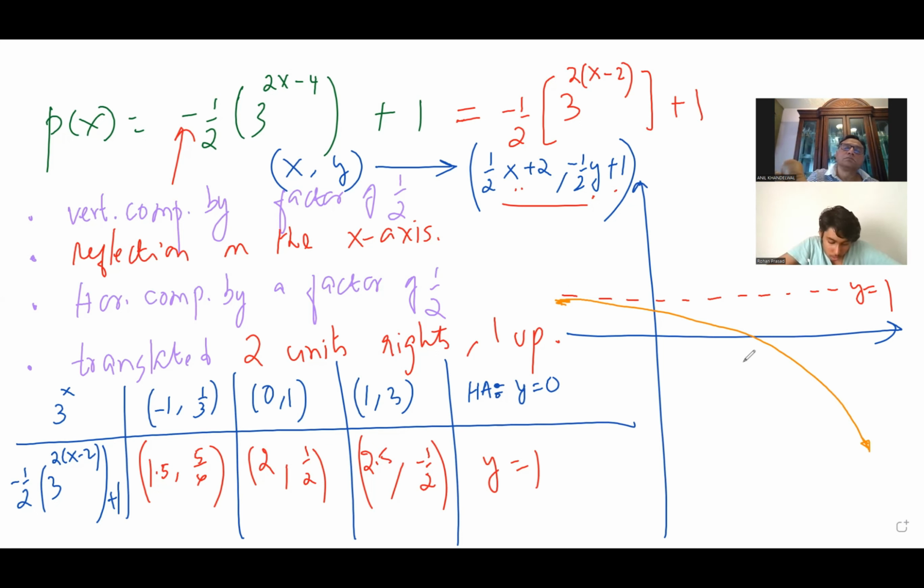If it's 1, 2.5 by negative, if it's 0 and 1, 2 and negative half. If it's negative 1, 5 over 6.